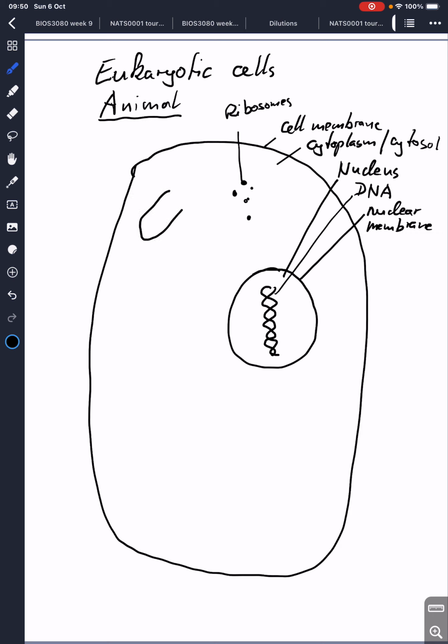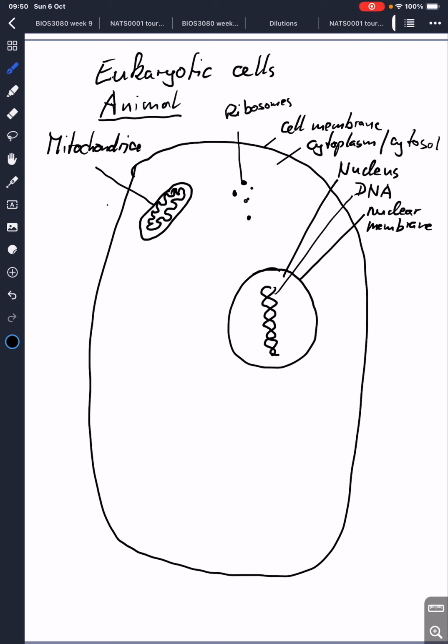Of course, we also have other membrane systems inside this animal cell. So, for example, we have what is generally referred to as the powerhouse of the cell. We have mitochondria. And these mitochondria generate energy and are involved in a lot of biochemical reactions.